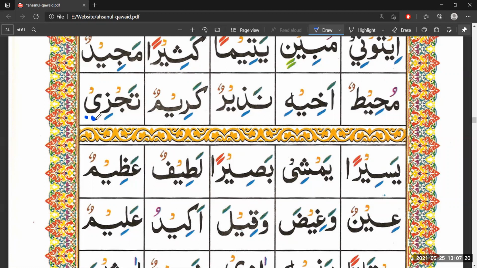Okay, so there's our 2 dots for the ya. And this is an example of when we have a sukun on a letter that is not stretched out. It's just a jim in the middle of these letters. Because it has the sukun, it's going to keep the j sound, but it's going to be connected to the letter before it. So we'll say tej, and then we'll skip right over it and go z.